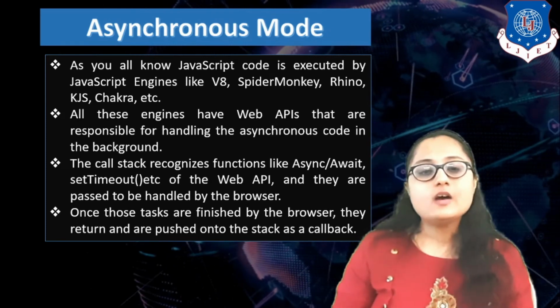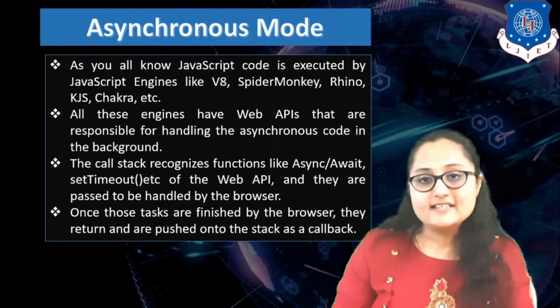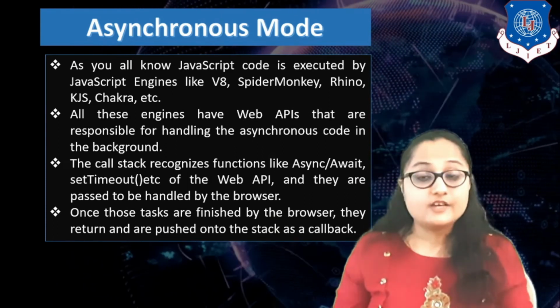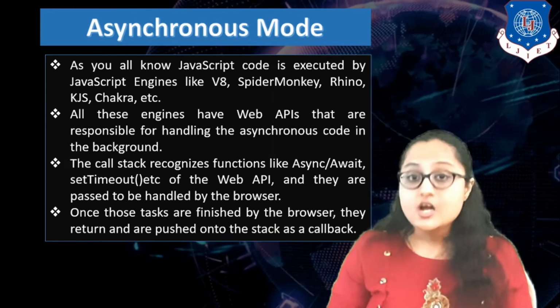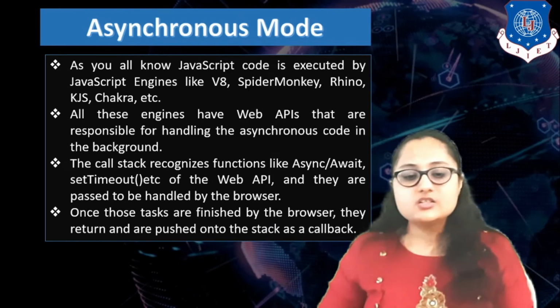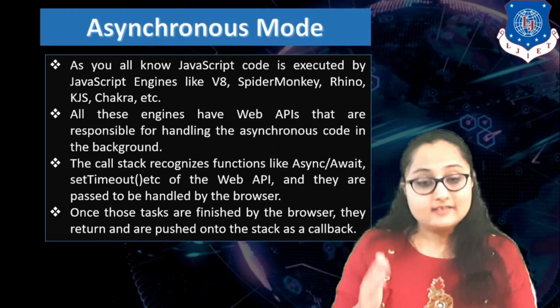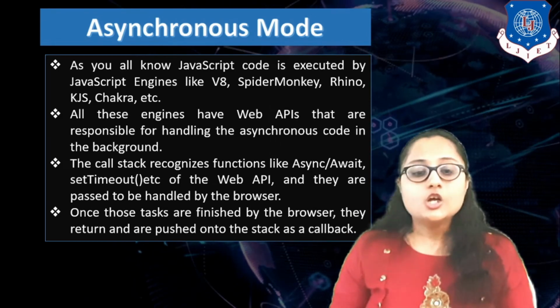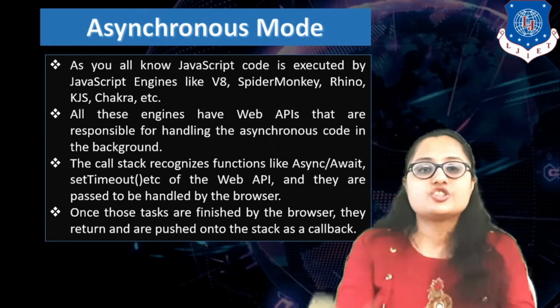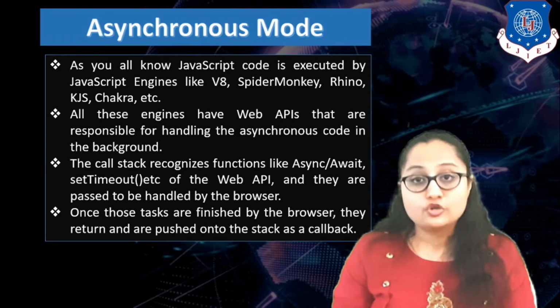So whenever you have a call stack which recognizes functions like async, await, setTimeout, etc., which are nothing but asynchronous functions of the web API, they are passed to be handled by the browser. Once those tasks are completed by the browser, they return and are pushed back onto the stack as a callback.